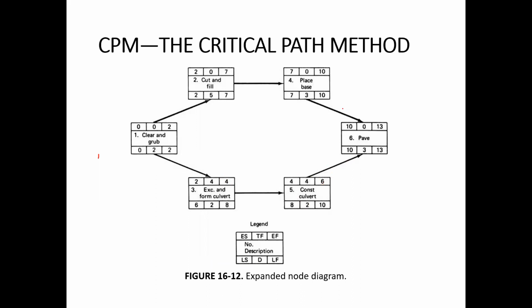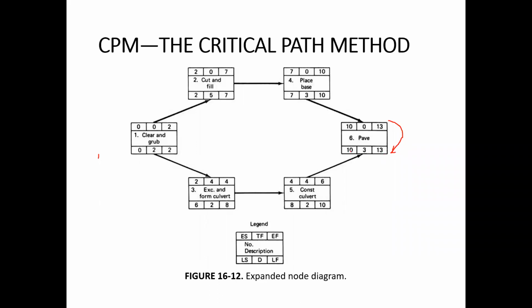So one value is 10, the other value is 6, so we will take 10. 10 plus 3 is 13 over here. So this will complete the forward pass calculations. With this forward pass calculation, we calculate the minimum duration in which this project will complete. So from this, now we will connect it with the latest finish time. So if it is 13, then it will be 13 over here.